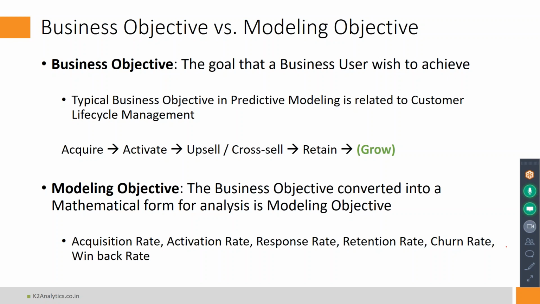When you do business understanding, the first thing the business user will give you is a business objective for which you are building a model. What might a typical business objective statement look like? I want to reduce lapsation of insurance policies.